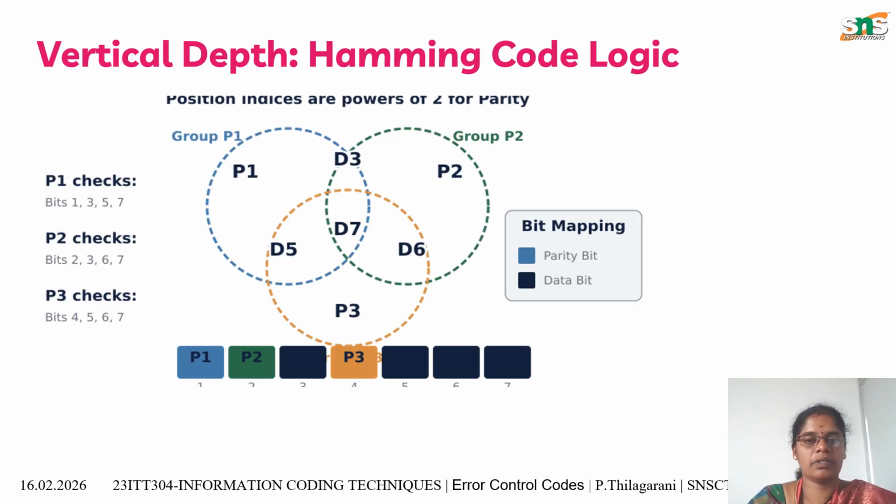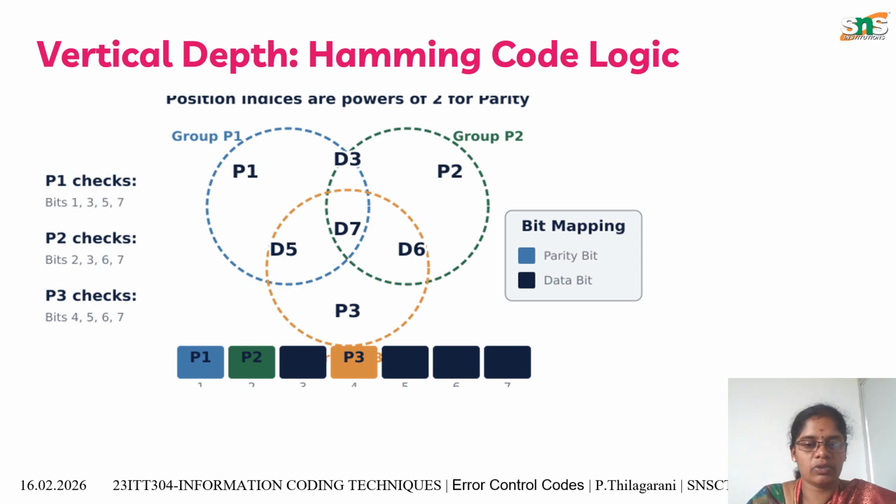The Hamming code logic is: P1 checks bits 1, 3, 5, 7, and P2 checks bits 2, 3, 6 and 7. P4 checks bits 4, 5, 6 and 7. Here is the bit mapping.